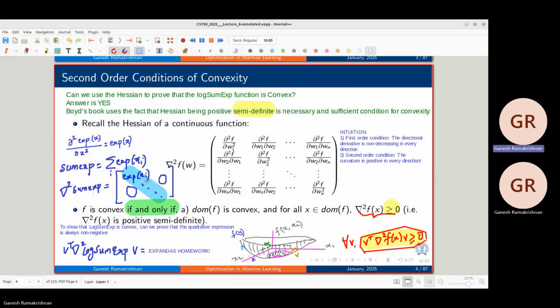If you take a log of that, what will happen? Log of this sum? So what will you do? It's a log of the sum of the exps. But the Hessian will remain a Hessian.